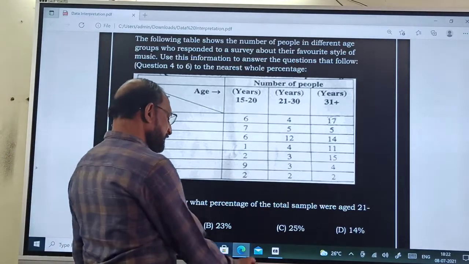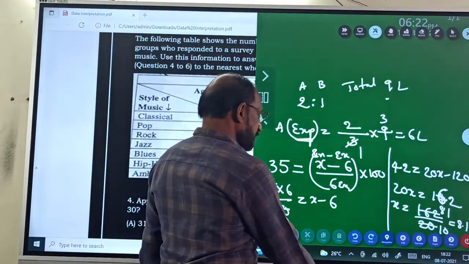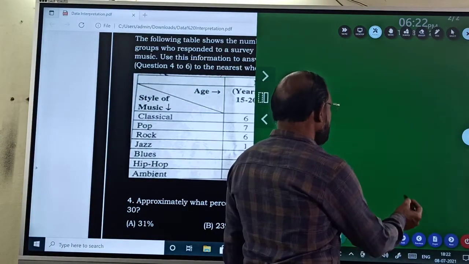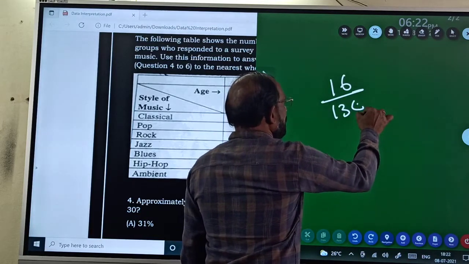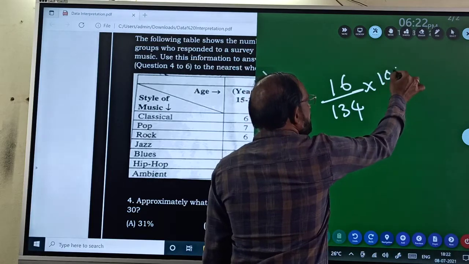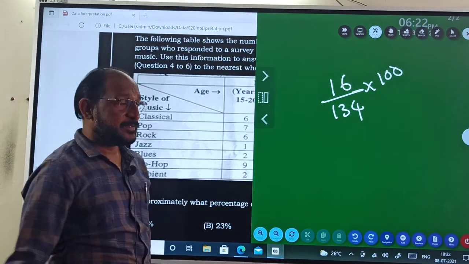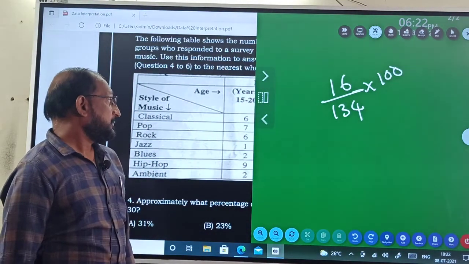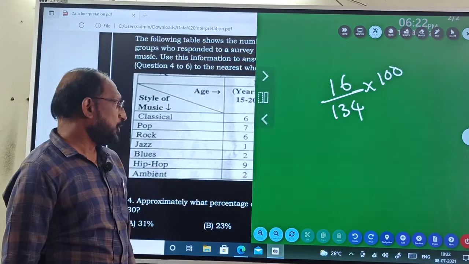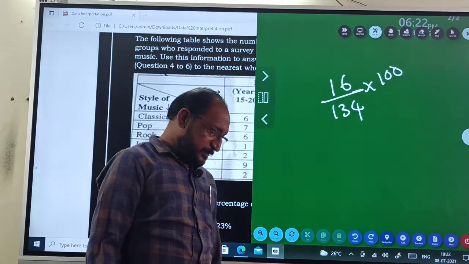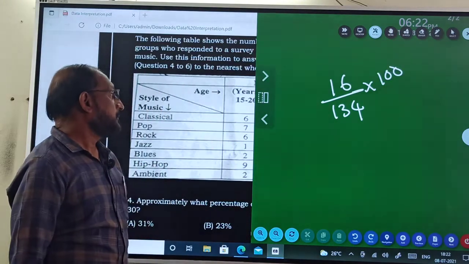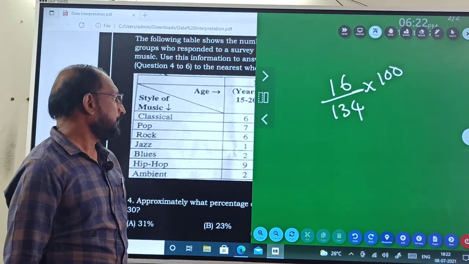16 out of 134, how to take? 16 by 134 into 100 is the percentage. So it's more than 10%. Maybe 12 or 13%. 12%. So may I see the options?